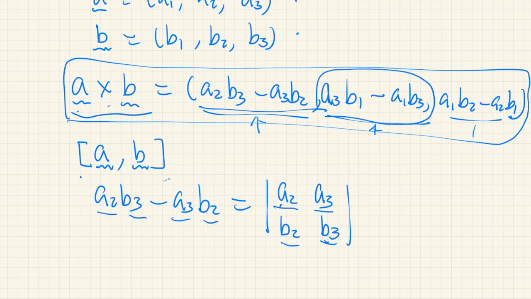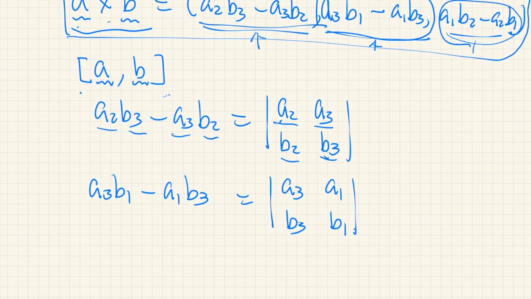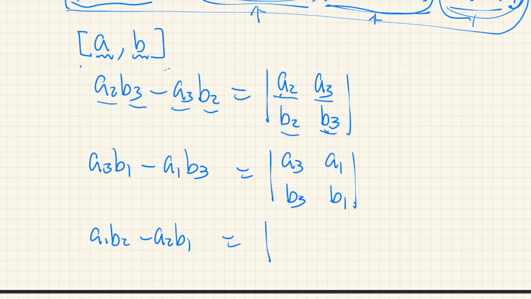And similarly, the second component, A3 B1 minus A1 B3, can be written as a matrix determinant. In this case, A3, A1, and B3, B1. And also the third component, A1 B2 minus A2 B1, can be written as this matrix determinant, A1, A2, and B1, B2.